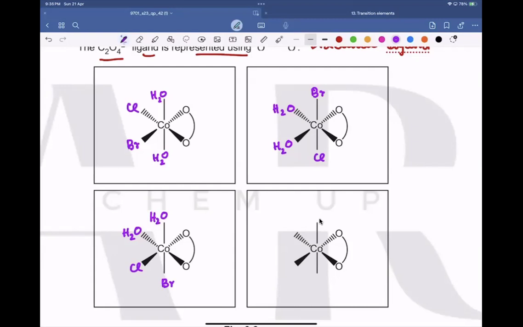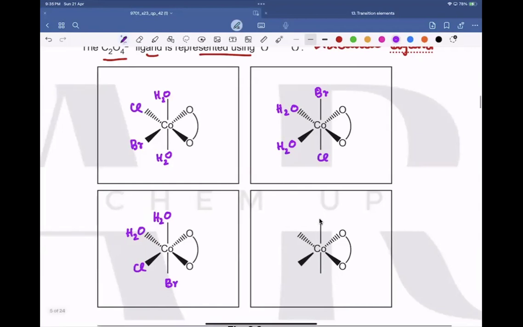And then, for example, if I keep the water over here and the other water moves to this position and shifts the bromine from here, this would be the fourth isomer. So that's how, by swapping the positions, you can make the rest of the isomers.